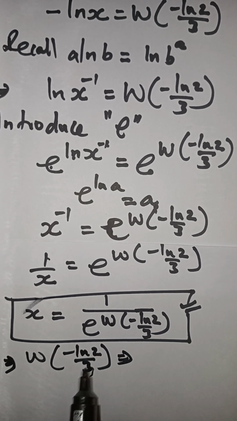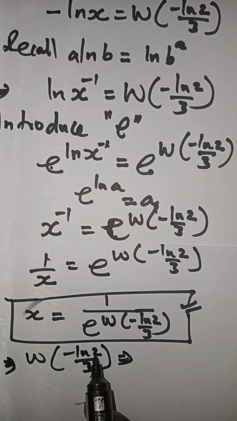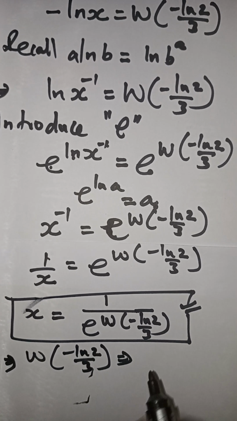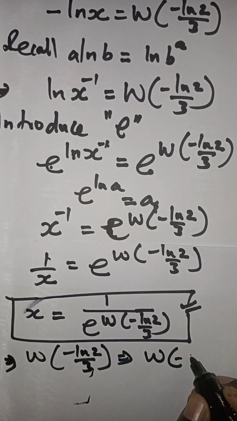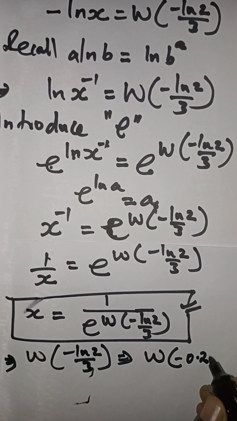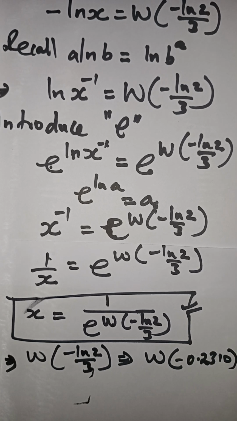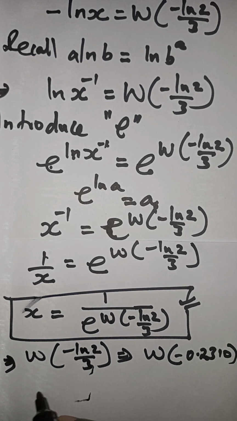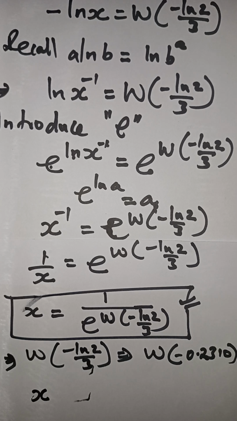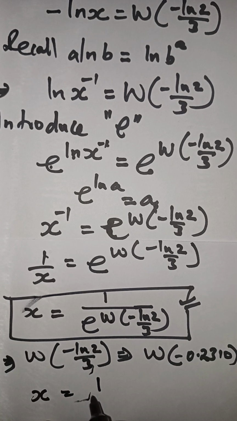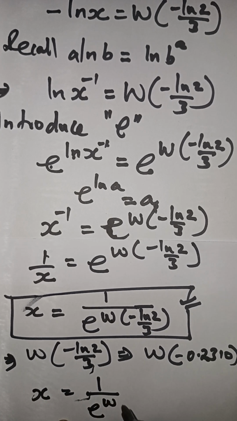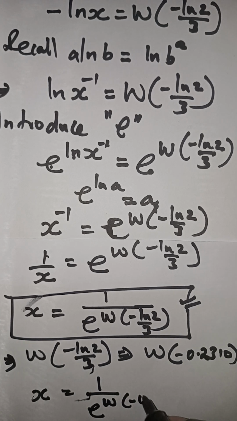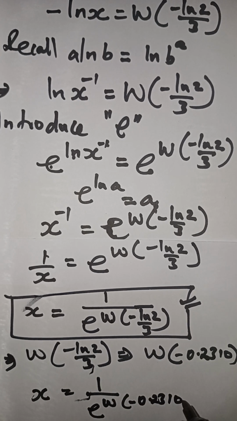Of course, computing the negative of natural log of 2 divided by 3 in our calculator, I'm going to get negative 0.2310, meaning that x now will be equal to 1 over the exponent of the W of negative 0.2310.